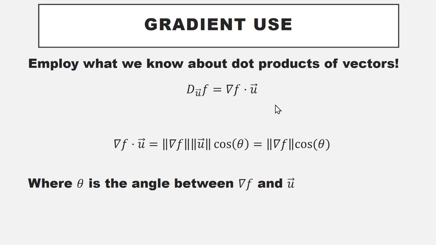Now, gradient is nice, but in terms of the amount of work, it's not that much different from finding the directional derivative by just using f sub x times u1 plus f sub y times u2.